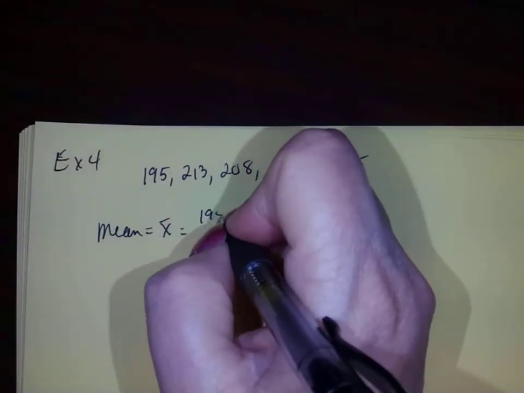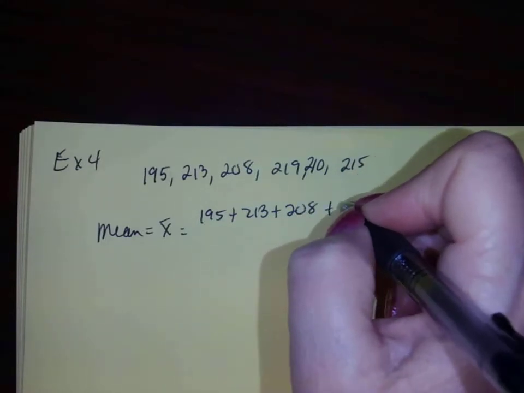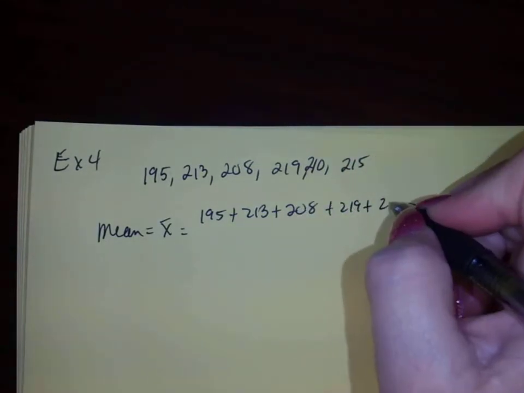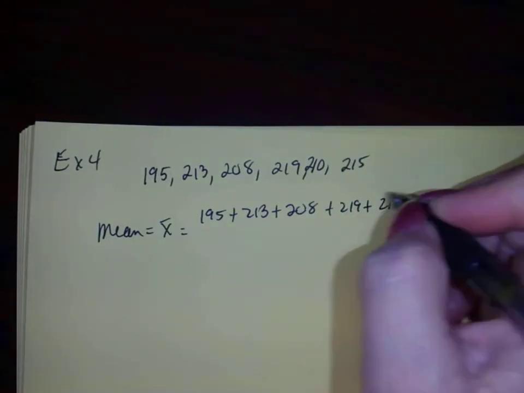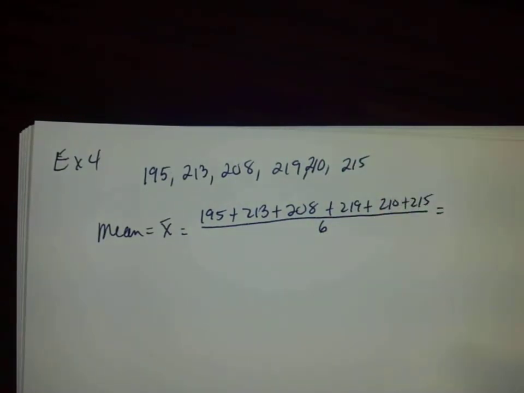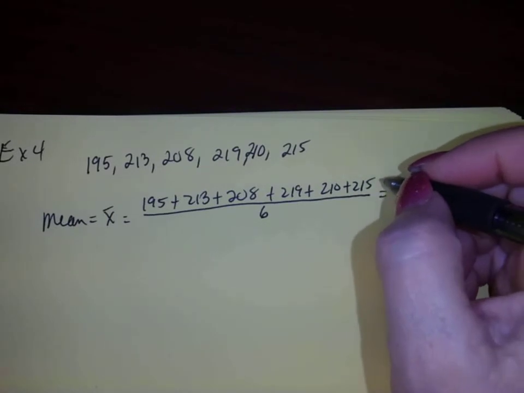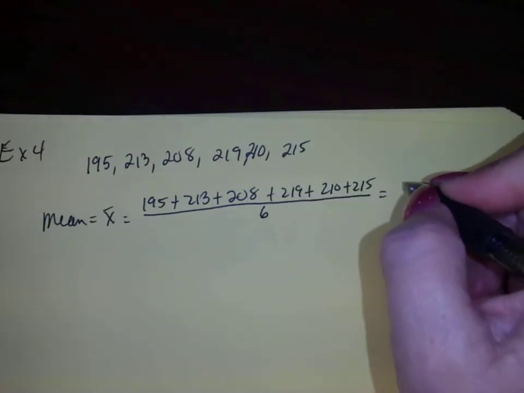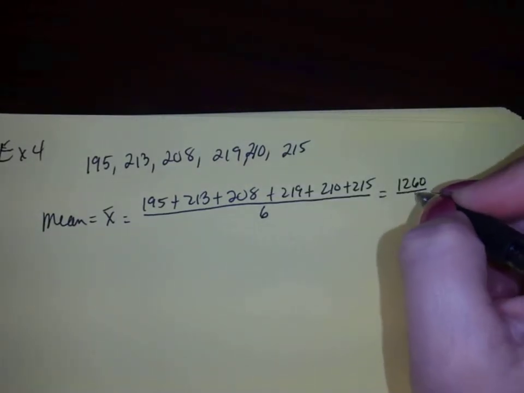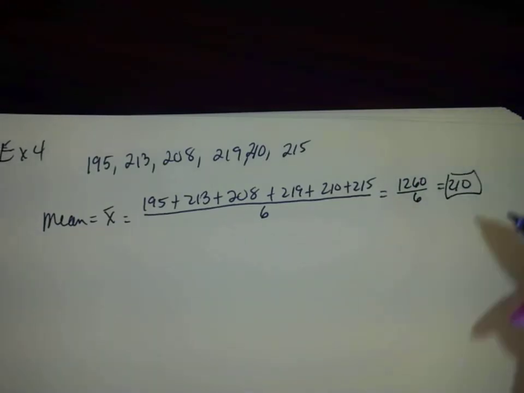So we've got 195 plus 213 plus 208 plus 219 plus 210 plus 215, and we have 6 numbers, so we'll divide by 6. Our total, when we add up all of the values on the top part of our fraction here, is 1260, divided by 6 is 210. So there's our mean. Now we need to find the standard deviation.